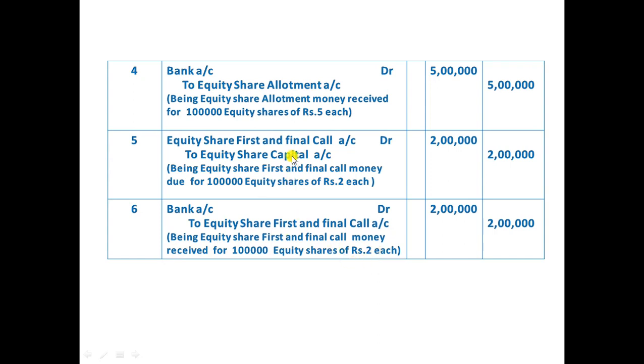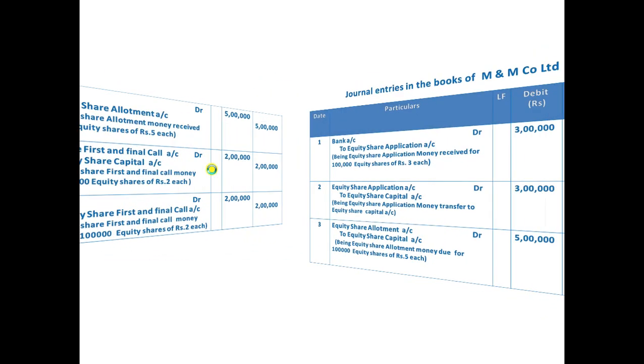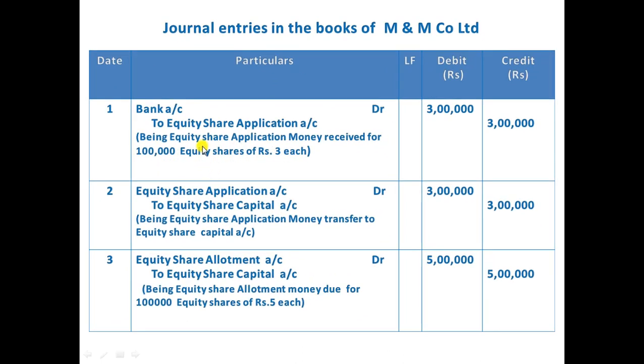So this is what a company used to do to record the journal entries at the time of issuing the share capital. We'll see it at one glance. As a first installment we have 2 entries, second installment we have 2 entries, and third installment we have 2 entries. As a first installment the company will receive money from the shareholders as application and the company will transfer to capital account.